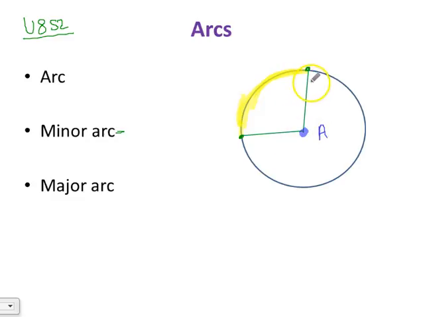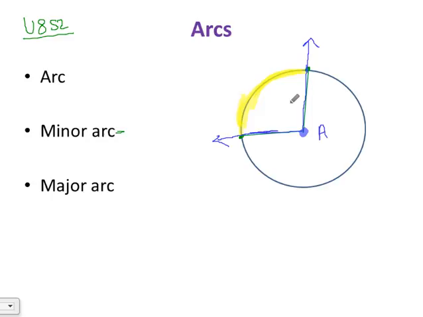So we have two rays coming out of, originating from the center of our circle and passing through the circle to create an angle.